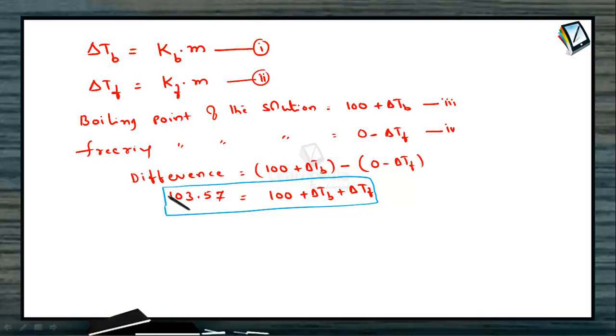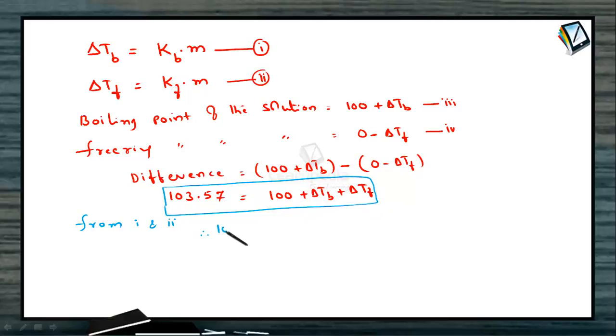But from equations 1 and 2, we have delta Tb as Kb into m and delta Tf as Kf into m. We will substitute.